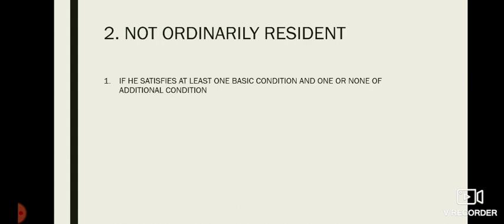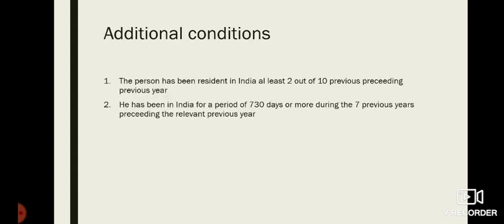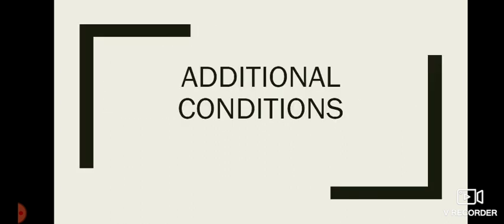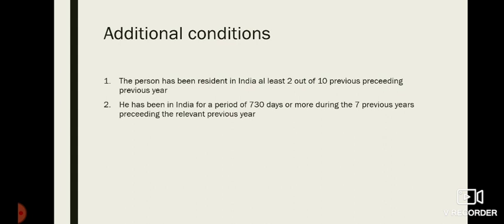So in today's class, we have learned the additional conditions. There are two additional conditions. The first one is that the person has been resident in India for at least 2 years out of the 10 preceding previous years. It can be any 2 preceding previous years. And how is a person known as resident? If he fulfills any one basic condition in those preceding previous years.